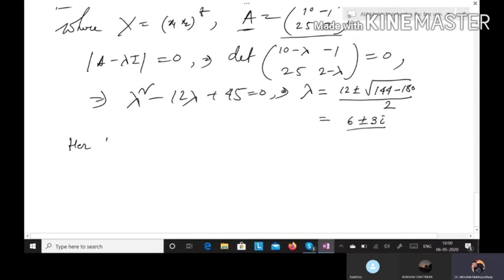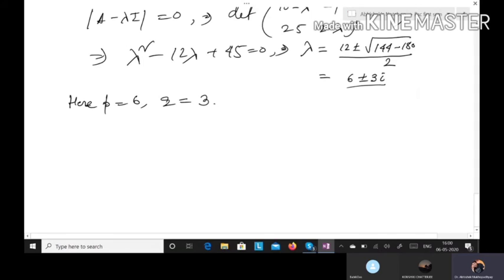So here small p is 6 and small q is 3. So using this notation, we then need to calculate the eigenvectors corresponding to these eigenvalues.